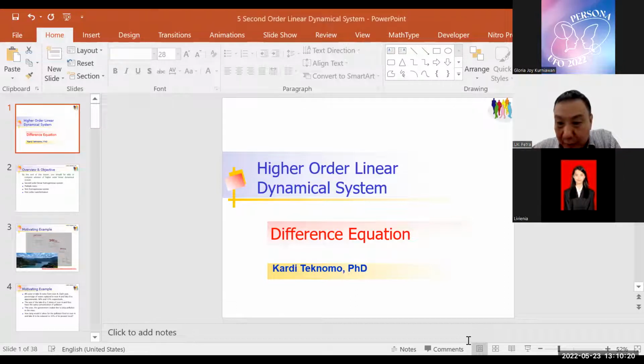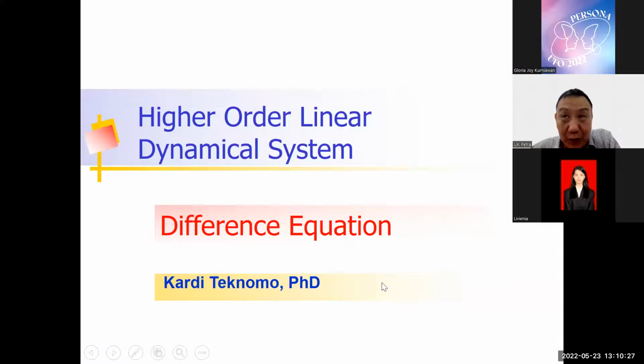So let's start with the problem that Miss Indri has discussed with you in half of the first semester. But now I will show it in the mixing problem, in difference equation instead of differential equation.